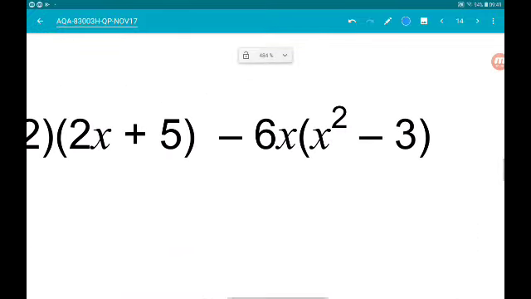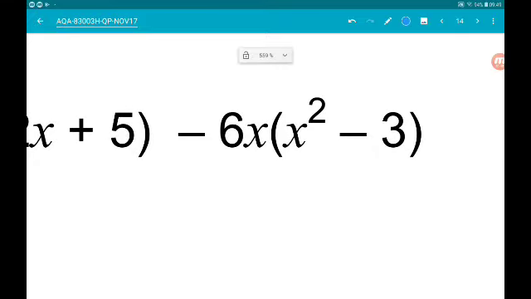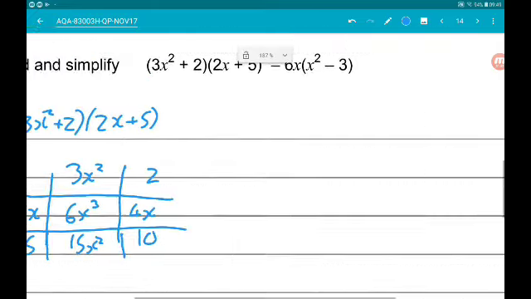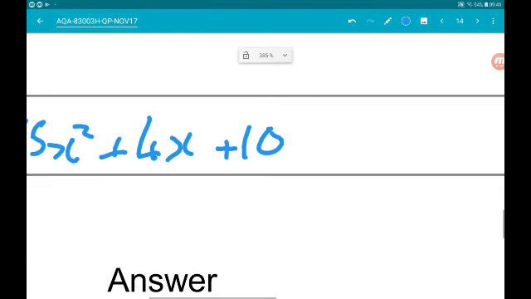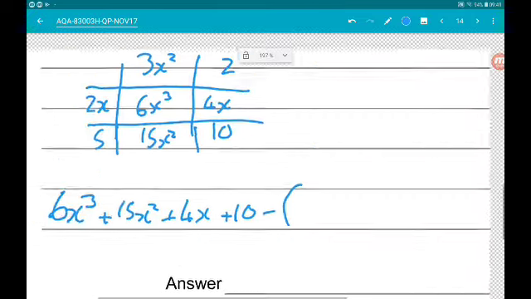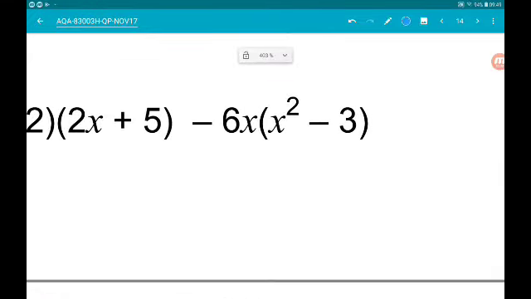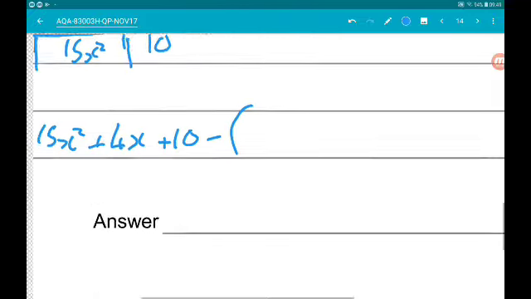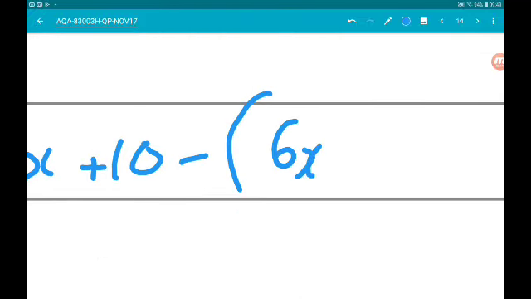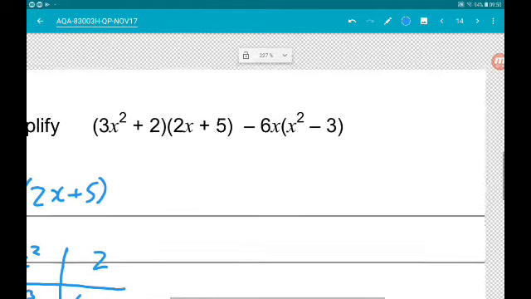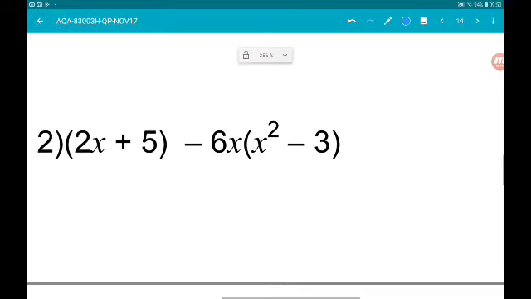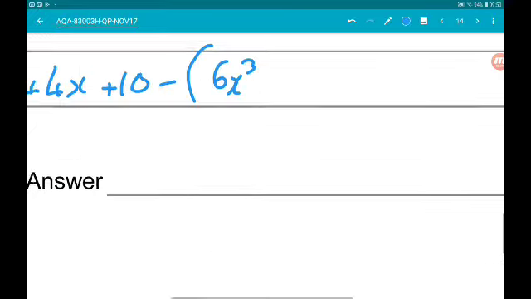Okay, now let's deal with the other bit. So we got all of that minus 6x times x squared minus 3. So we need to be really careful here, so we got minus, let's put brackets, so 6x times x squared is 6x cubed, and then 6x times minus 3 is minus 18x.